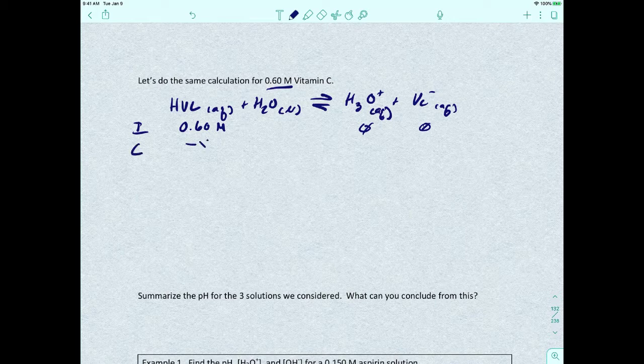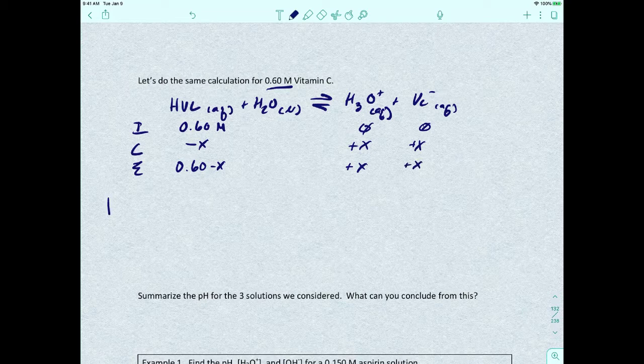The change, we know that ascorbic acid has to go down and hydronium and ascorbate ion have to go up, so that at equilibrium, the concentration of ascorbic acid is going to be 0.60 minus X. The concentration of hydronium ion is plus X, and the concentration of ascorbate ion is plus X as well.